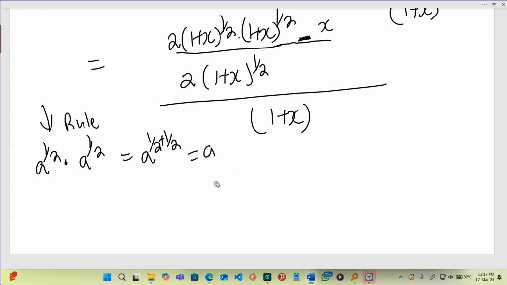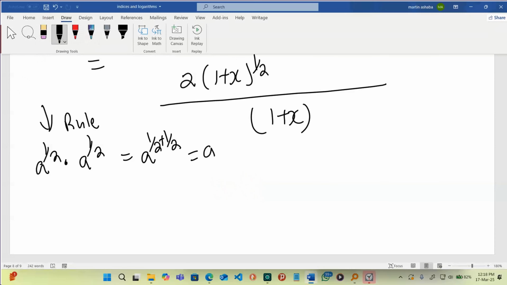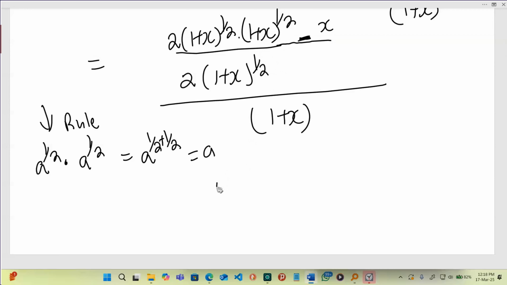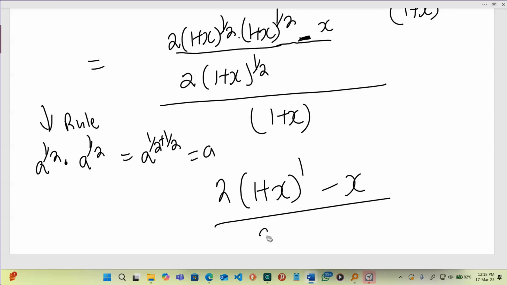So this is going to be 2 times what? 2 times 1. The whole of this will be, if we apply the same principle here, we shall have 2 into (1 + x) raised to a power of 1. Then minus x, we are dividing it by 2 into (1 + x) raised to a power a half. Then we are dividing it by 1 plus x.